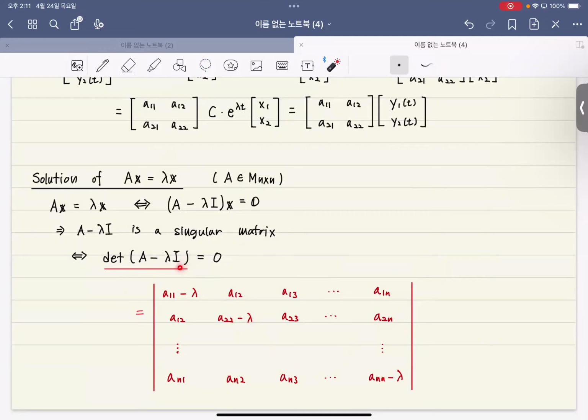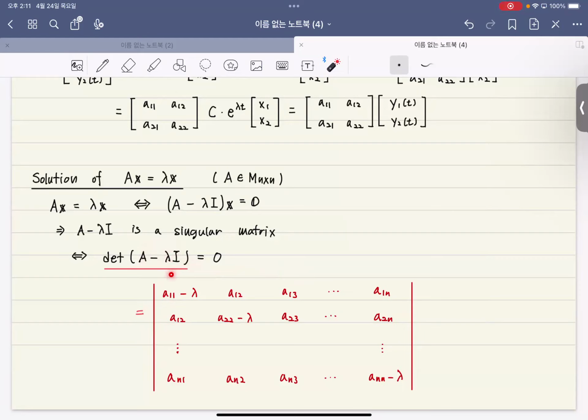Since we are interested in finding the eigenvalues, we are interested in finding this unknown lambda. So I can say this is an equation for the unknown variable lambda. Actually, in fact, this is a polynomial in lambda, right?